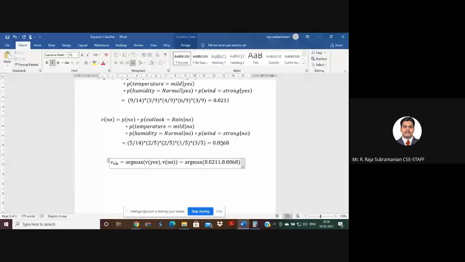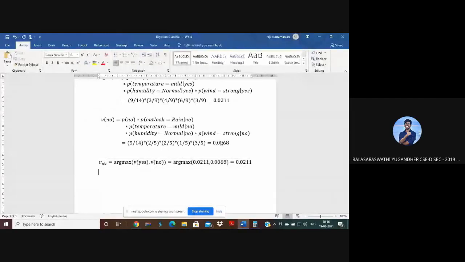So what I can say is, for the given condition, play tennis is yes. Outlook is equal to rain, temperature is equal to mild, humidity equals normal, and wind equals strong.